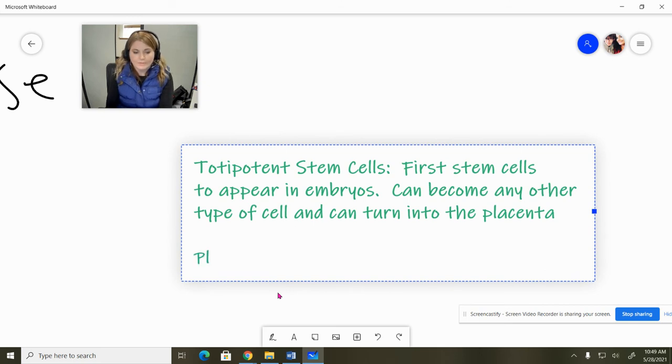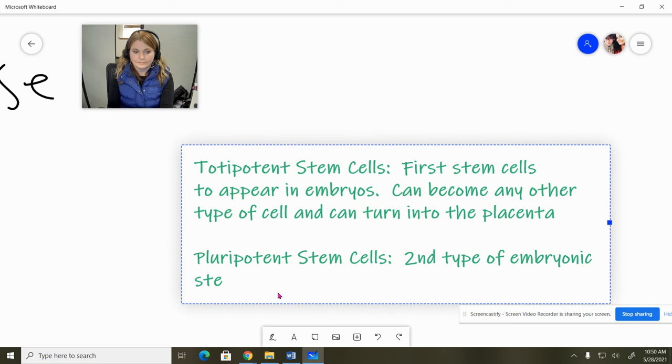The other one is pluripotent cells. These are the second type of embryonic stem cell. They appear second. They can also turn into any other type of body cell, but they cannot turn into placental cells.